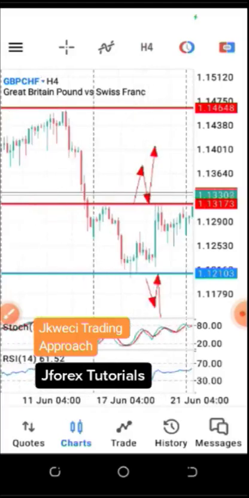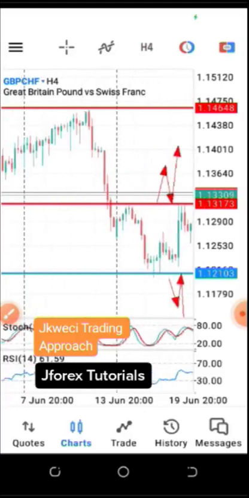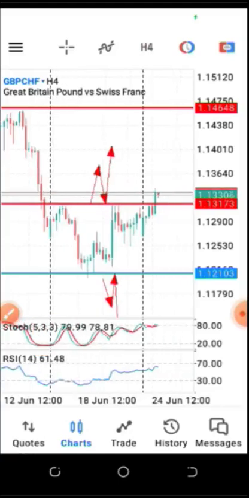Now I want to give you a strategy for trading that is very useful, and it's really based on price action. It's not based on indicators. So over here, you can see that I drew some arrows.